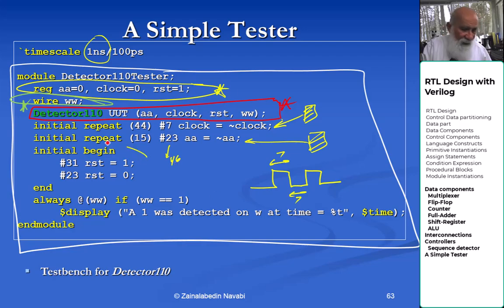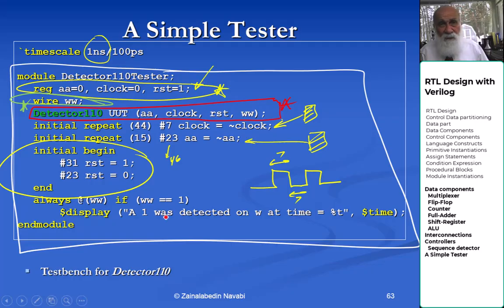And then I have another initial block for my reset. My reset becomes 1. Well, actually, my reset is 1 already, but that's okay. It becomes 1 at 31 nanoseconds, and then 23 nanoseconds later, it becomes 0.